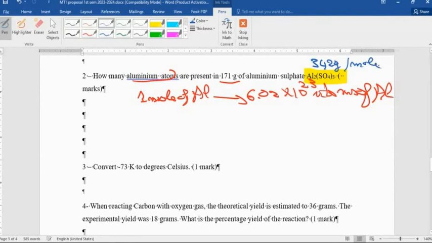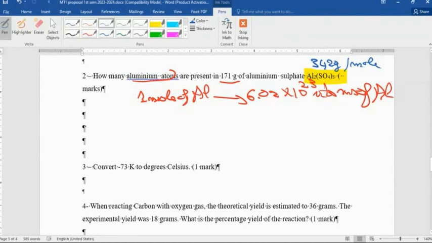Allahu Akbar, I save time. I suppose I forget this one. How to calculate the molar mass of this compound? Will be equal 2 times the molar mass of aluminum plus 3 times the molar mass of sulfur plus 12 times the molar mass of oxygen, and will give me 342 grams.